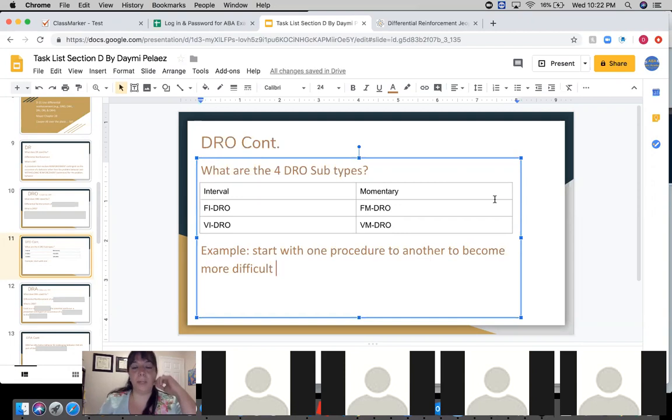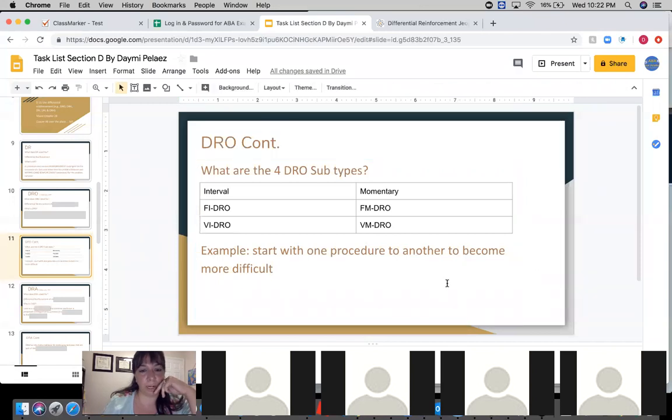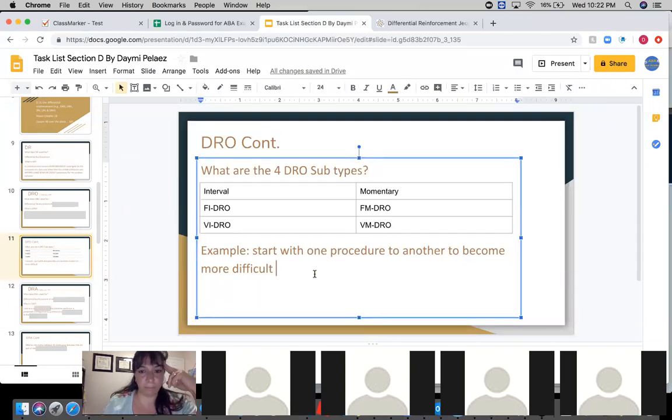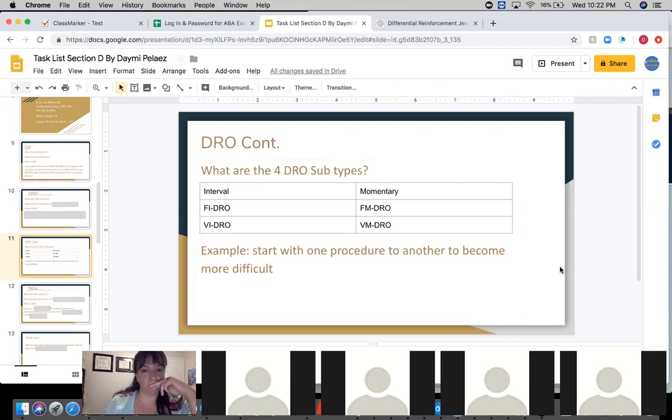Great example. So you basically started with one and then you moved on to another until they were able to maintain it. Correct. It helped prevent him from just getting used to that 3 minutes, and something was always unexpected, because there were times where he only had to refrain from engaging in the behavior for 1 to 2 minutes, and then other times where he had to refrain from engaging in the behavior for 6 minutes.